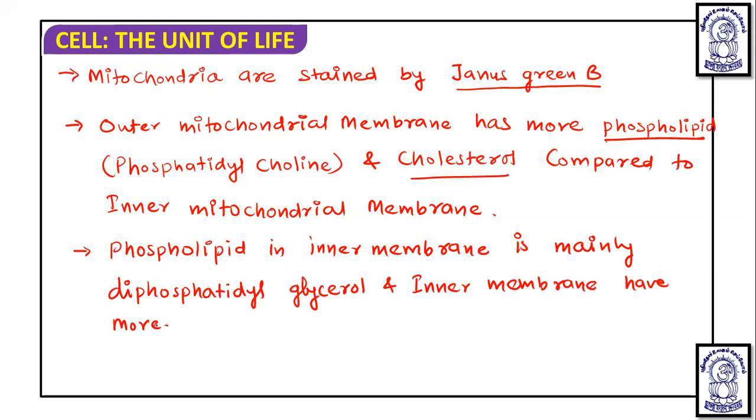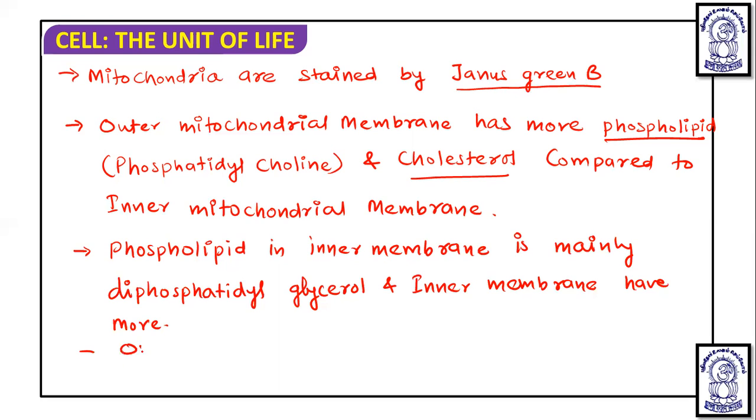The space which is present between the outer and inner membrane, we call it the perimitochondrial space, and that is the outer compartment, whereas the inner compartment is the mitochondrial matrix.